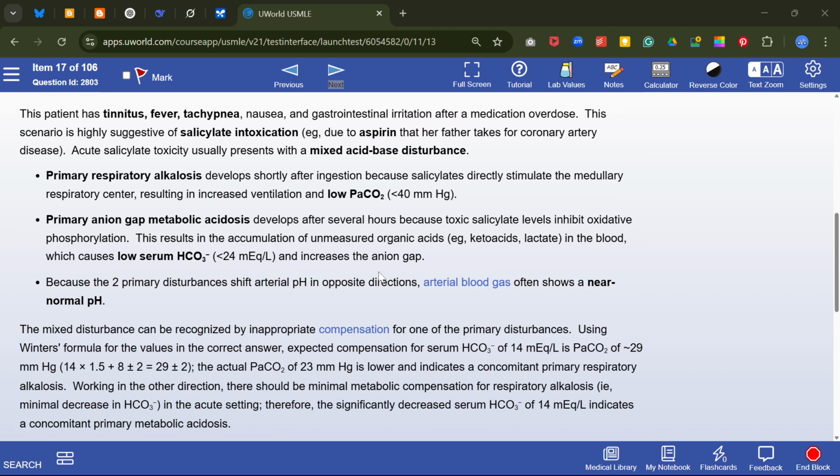And primary anion gap metabolic acidosis develops after several hours. Toxic salicylate levels inhibit oxidative phosphorylation, so bicarbonate is low. Because the two primary disturbances shift arterial pH in opposite directions, the ABG often shows a near normal pH.